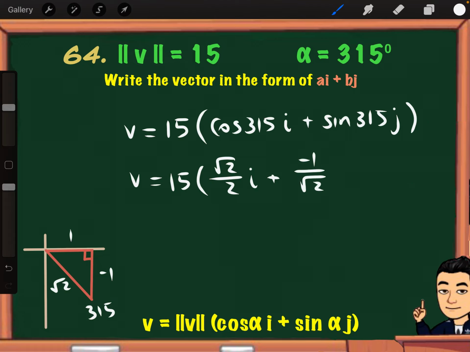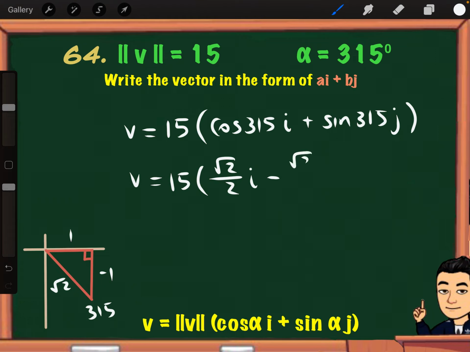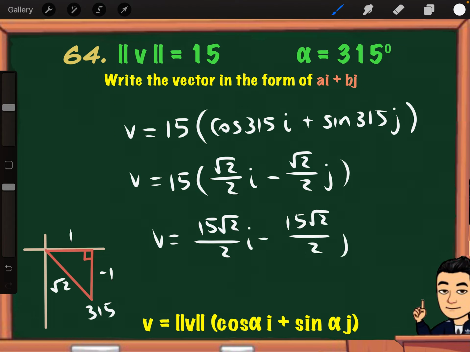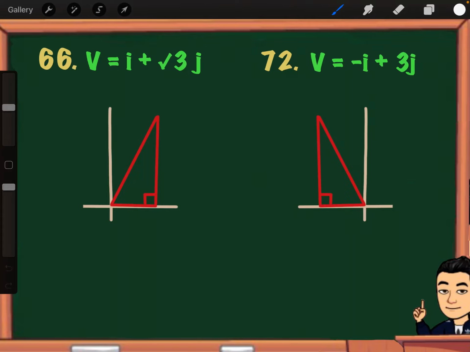But if I rationalize it, the negative makes it a subtraction sign, right? So subtracting rad 2 over 2 j. Go ahead and distribute the 15. You're going to get 15 rad 2 over 2 i minus 15 rad 2 over 2 j. Okay, so check out number 66.